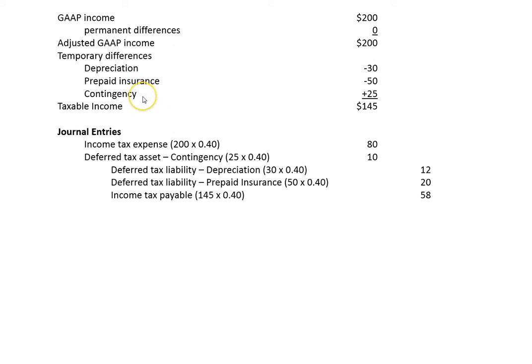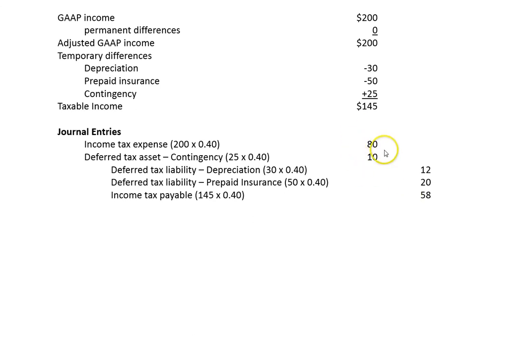Contingency is a typical deferred tax asset where we get to take the deduction on the GAAP income statement before it's taken on the tax return. And once again, we take that amount of the adjustment, $25 million times the tax rate, that yields a $10 million deferred tax asset. That will force then the journal entry to balance.